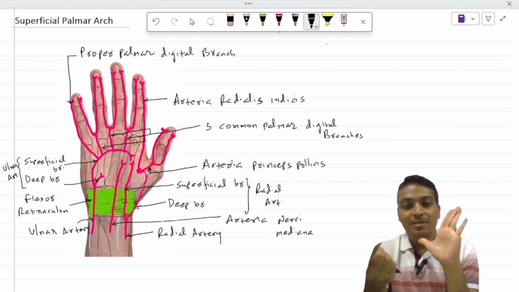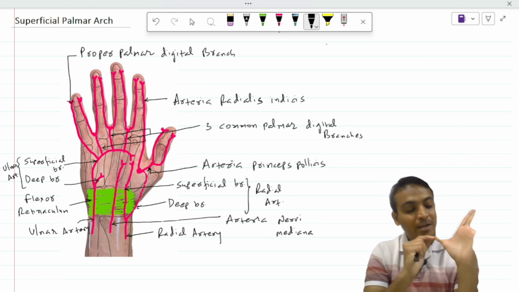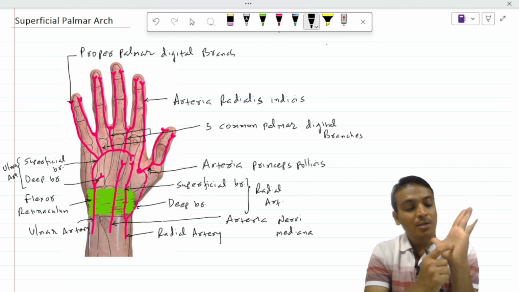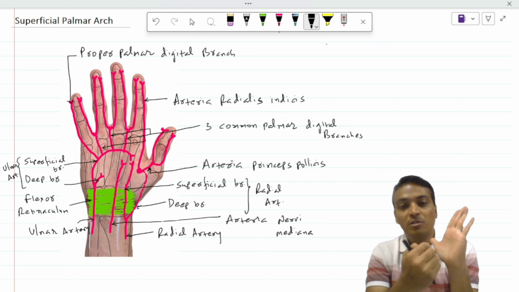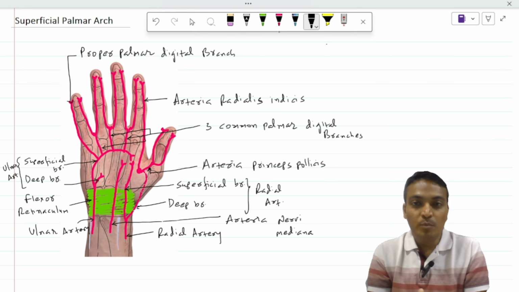We will discuss the deep palmar arch, which is situated at the proximal border of the outstretched thumb, so it is a little proximal to the superficial palmar arch. So the superficial palmar arch is slightly distal, and the deep palmar arch is deeply situated and slightly proximal to the superficial palmar arch. So this is all about the superficial palmar arch.